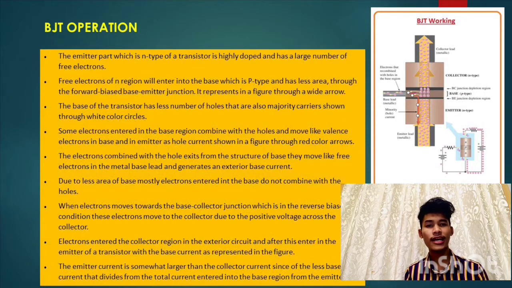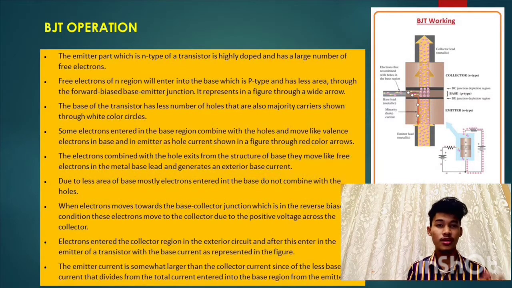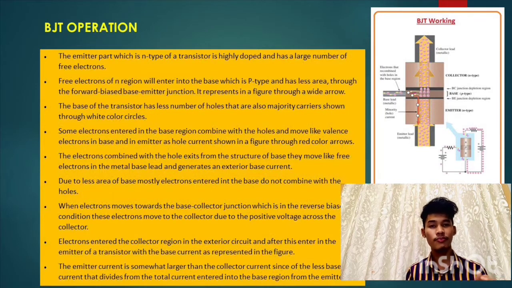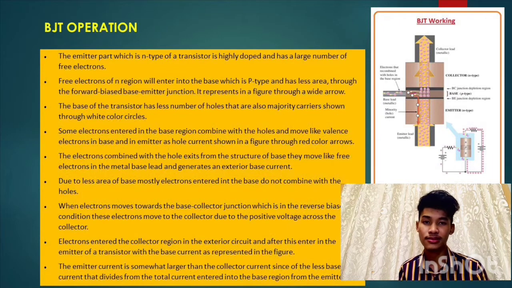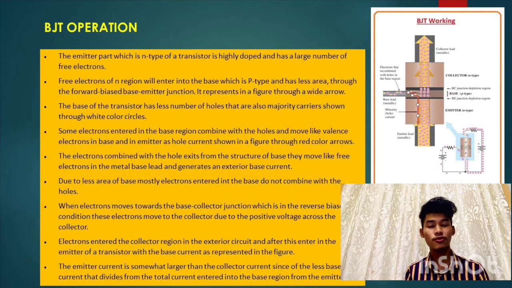Due to the less area of the base, most electrons that enter the base do not combine with the holes. When electrons move towards the base collector junction, which is in the reverse bias condition, these electrons move to the collector due to the positive voltage across the collector.